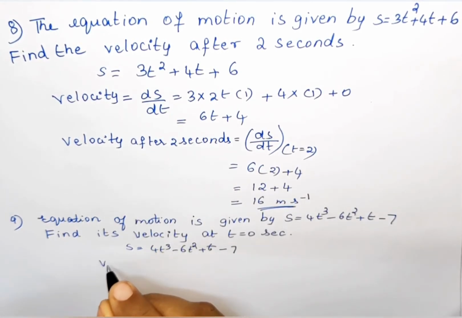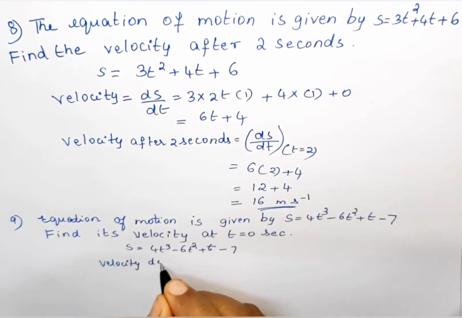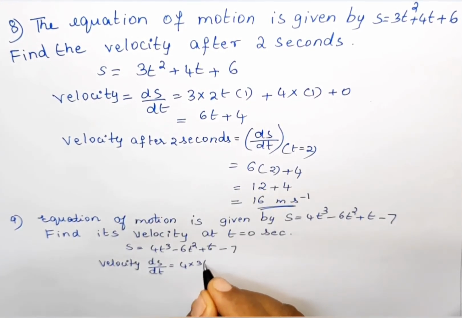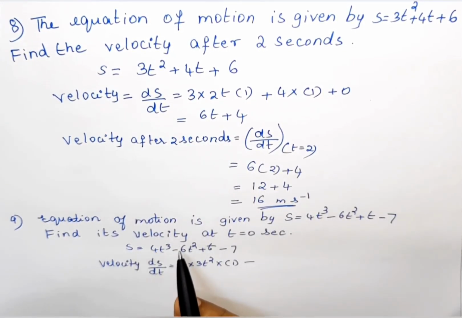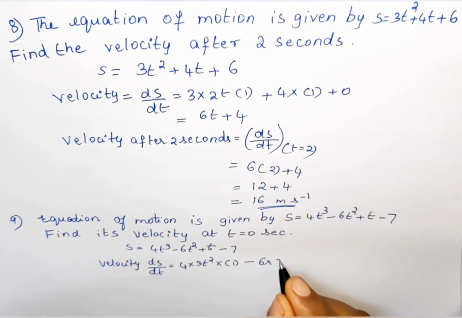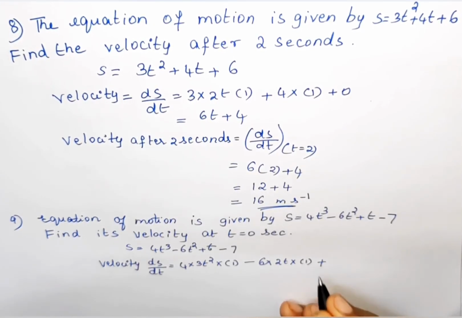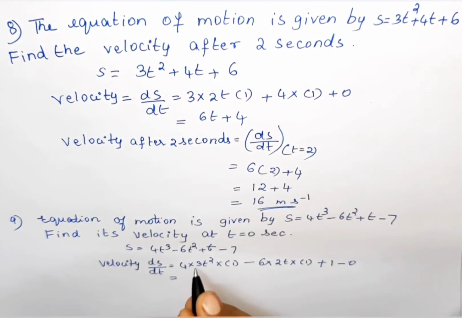Now, as we have already solved in the previous problem, our velocity will be equal to ds/dt. So when you differentiate this s, it becomes ds/dt equal to 4 into, when you differentiate t cube, it becomes 3t square, into d/dt of t which is 1, minus 6 into, when you differentiate t square, it becomes 2t into d/dt of t which is 1, plus d/dt of t is 1, minus d/dt of 7, that is a constant, which is 0.